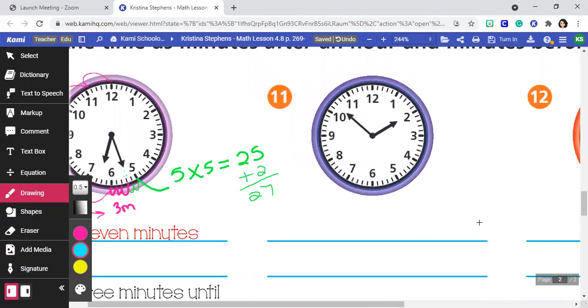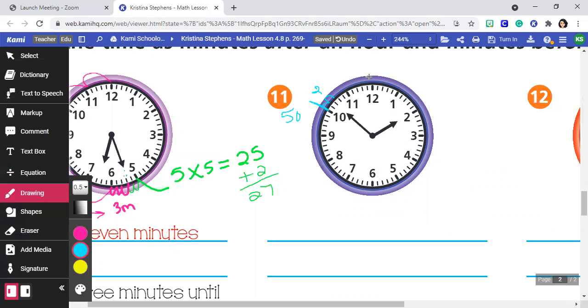Okay, number 11. I'm going to use much of the same strategy here. I know that right here at the 10, this is 10 groups of 5. And then we kept going 1, 2 more. So 10 groups of 5 is 50, and 2 more are 52.